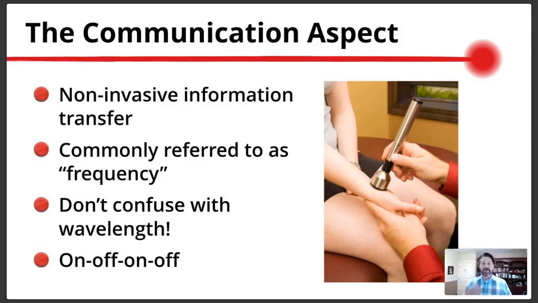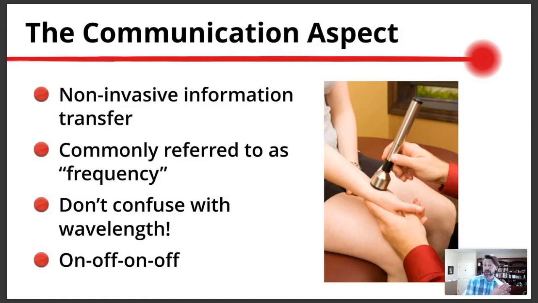But a non-invasive information transfer, you can encode things in light. This is commonly, in the vernacular, referred to as frequency. So people will say, oh, yes, it's got this frequency or that frequency. And this is a common area of confusion. Frequency, sometimes people think it means the wavelength or the color of light. And without getting into the physics about how that could be applied, in the common usage and the way you and I would talk about light therapy, let's just keep that separation in place.